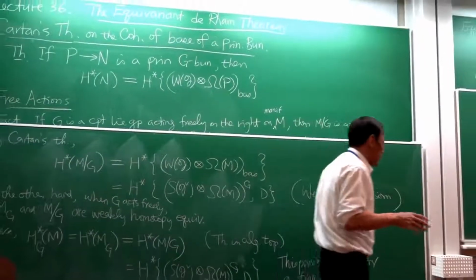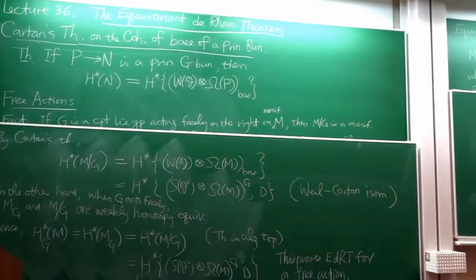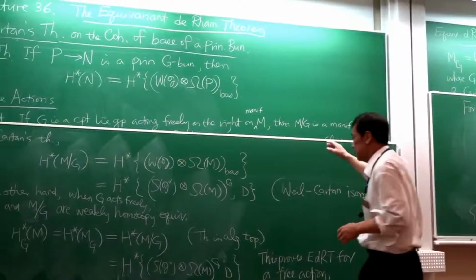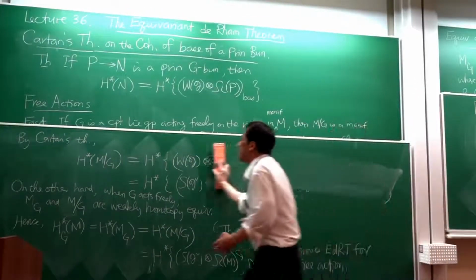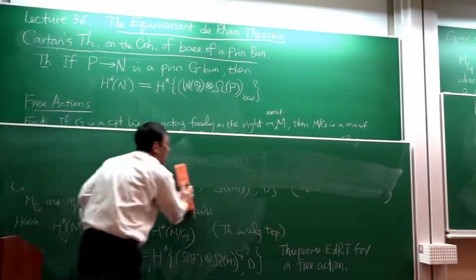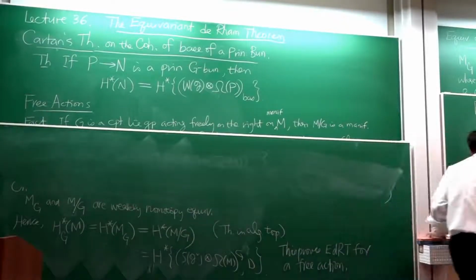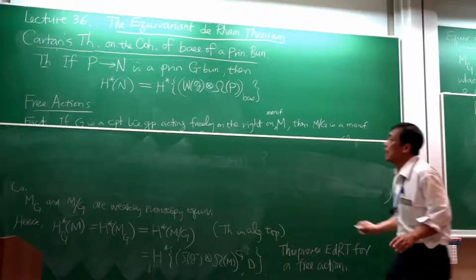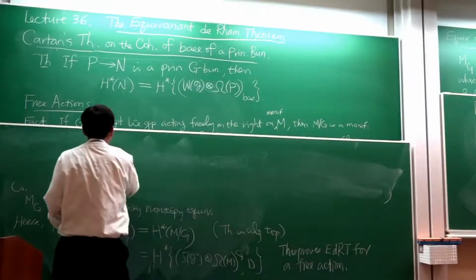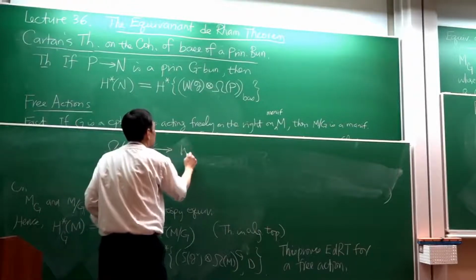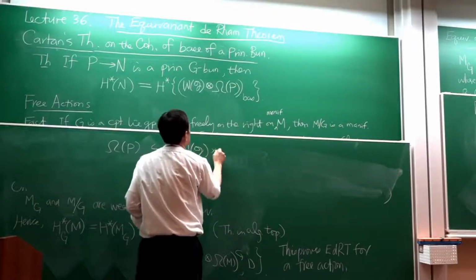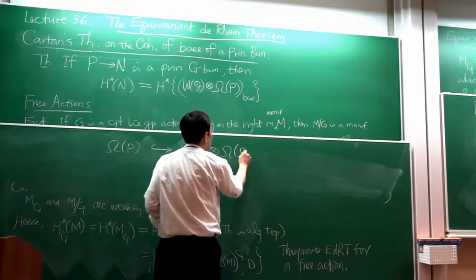To prove Cartan's theorem, what he does is this: he puts Omega_B inside the Weil model.